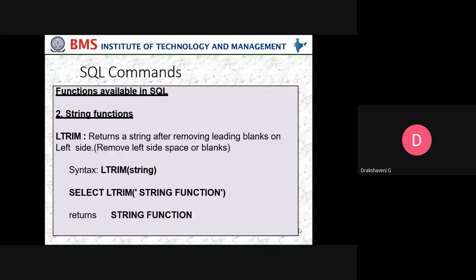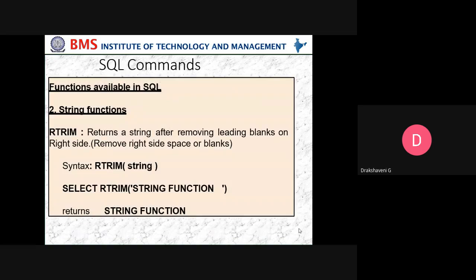So then we can use left trim. Select left trim string function returns a string. Then string function right trim returns a string after removing trailing blanks on the right side. Remove right side space or blank. So that's right trim. The string function returns a string.